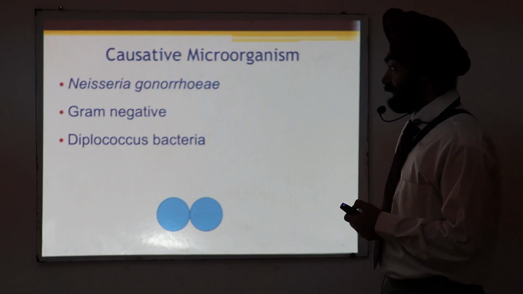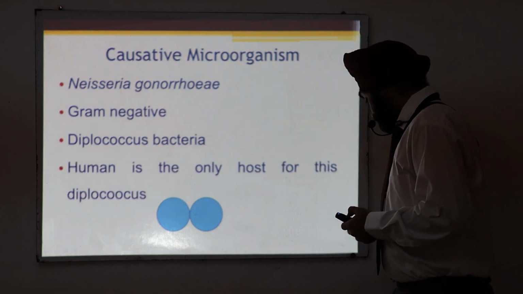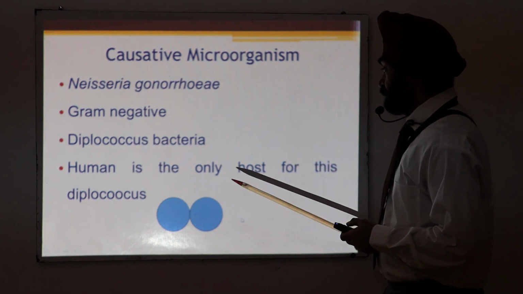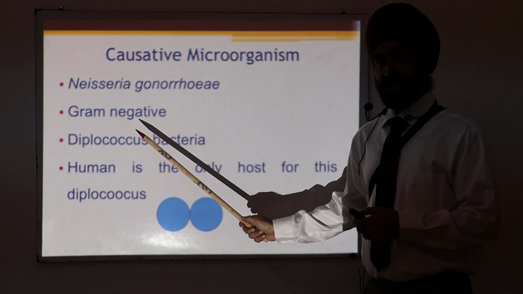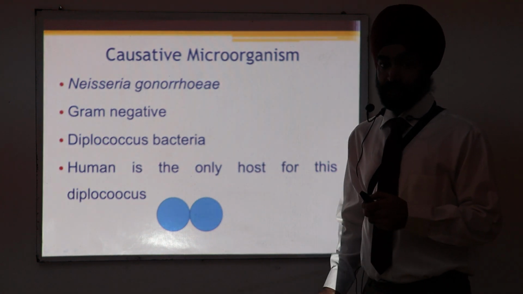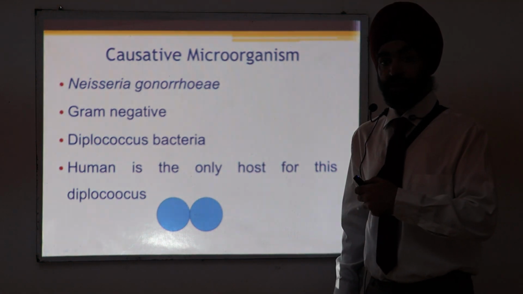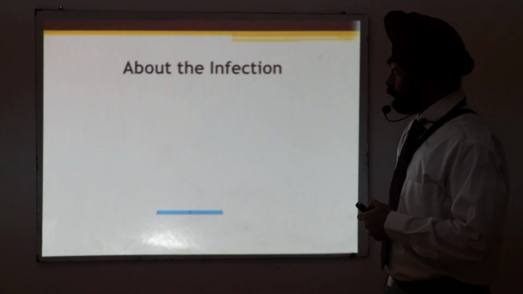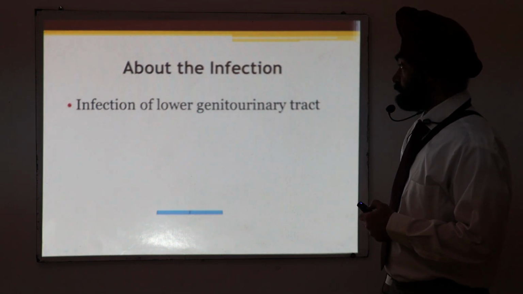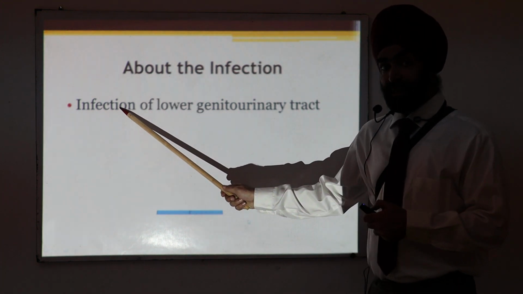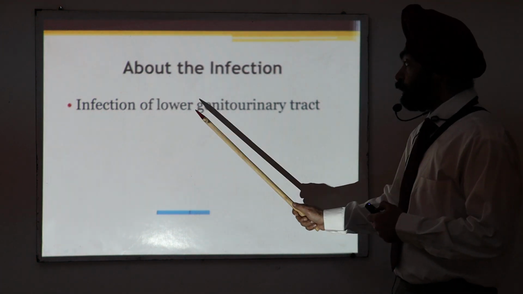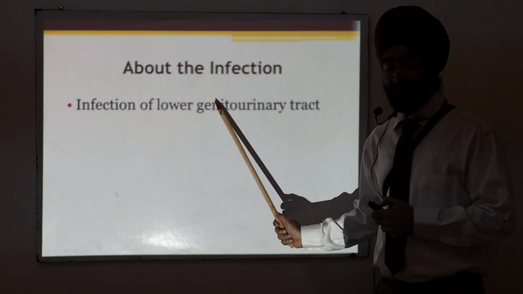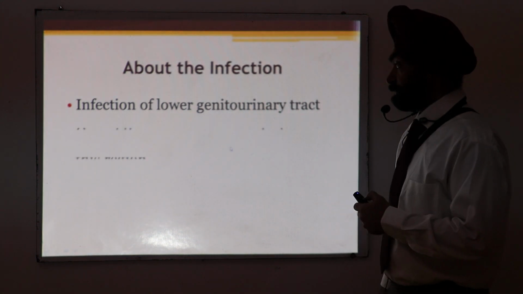This is the causative microorganism. And an important thing is that humans are the only host for the diplococcus. That means this bacteria can reside only in humans, and humans can transfer the pathogen from one human to another. This bacteria causes infection in the lower genitourinary tract, involving the genital region and the urinary system.